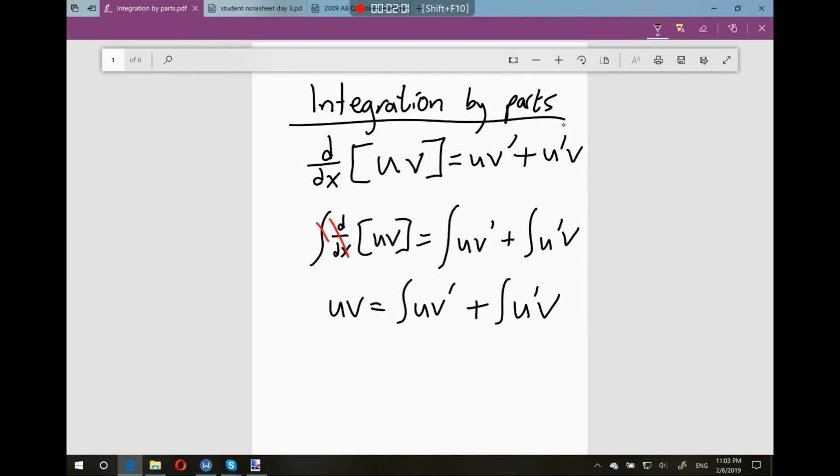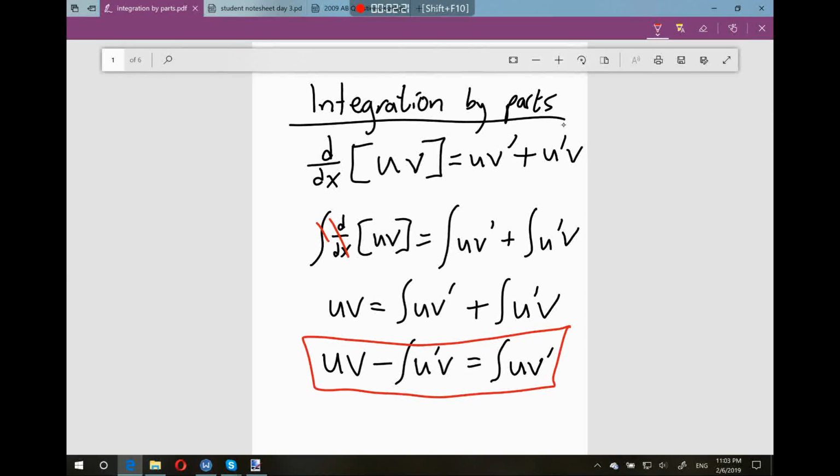So if I solve our new equation for the integral of uv prime, I'll end up with this: uv minus the integral of u prime v is equal to the integral of uv prime, which is our formula for integration by parts.